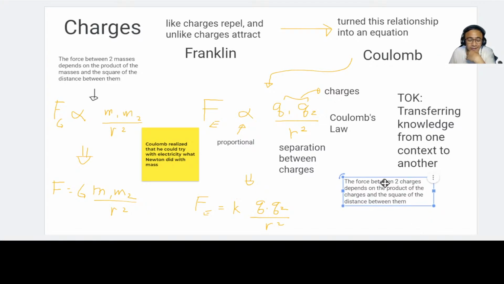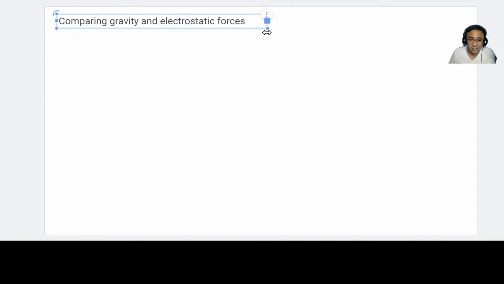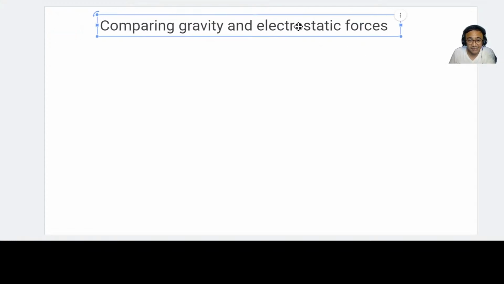Now, of course, we can further compare gravity and electromagnetism, or rather, electrostatic forces. This still makes sense because if you think about this, I'm just gonna write the two things.